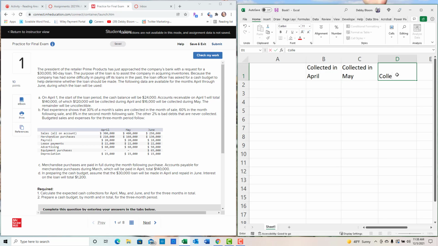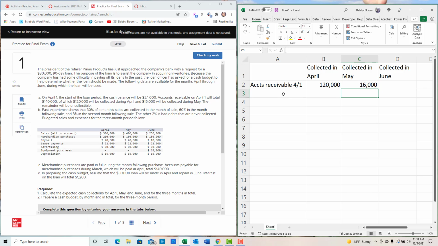And collected in June. So the first thing that we have to look at is the accounts receivable on April 1st.